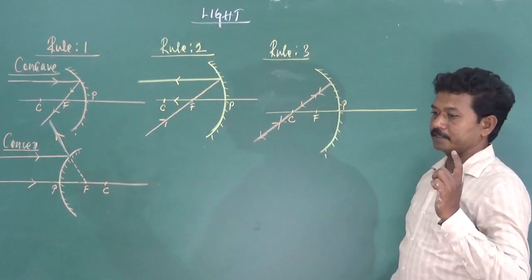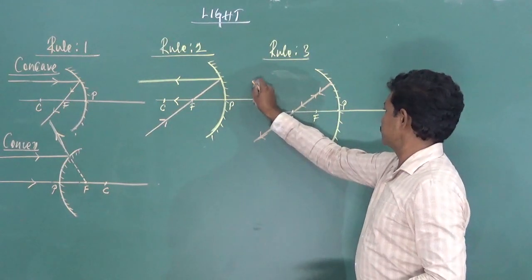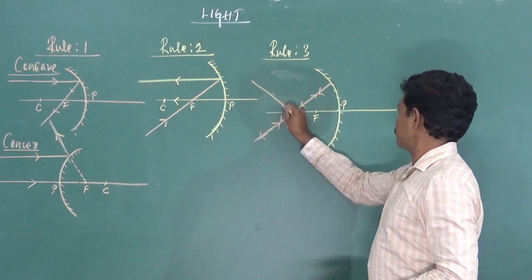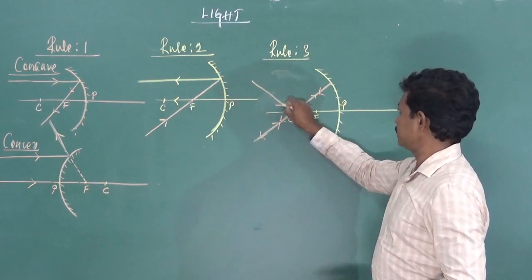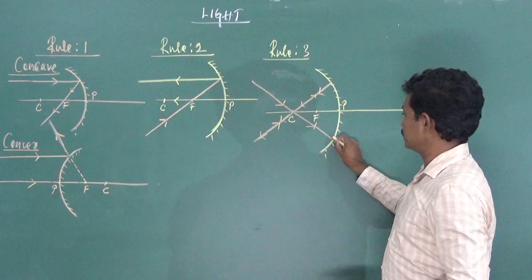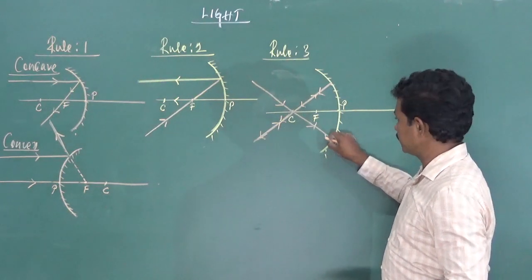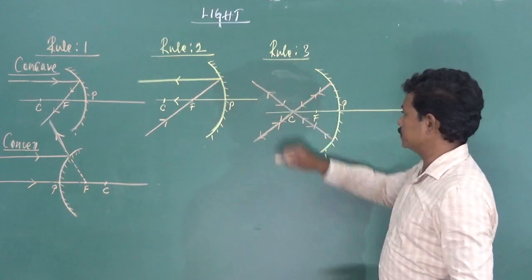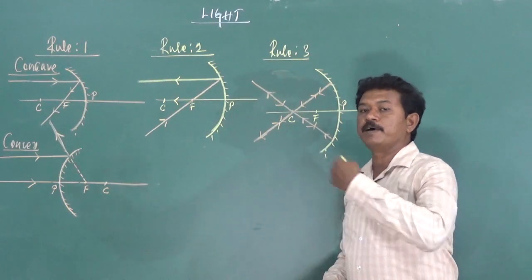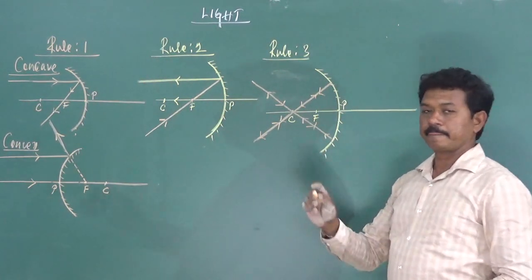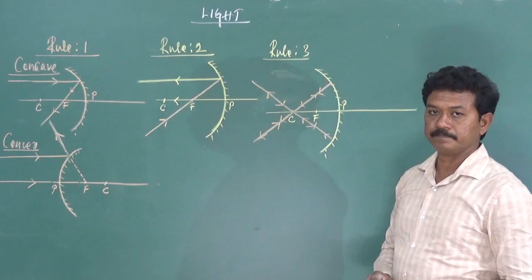This is very, very important. The light ray may be coming from this direction also, no problem. It hits the mirror and gets reflected in the same direction. In the sense, it is going to get bounced back to the same medium.